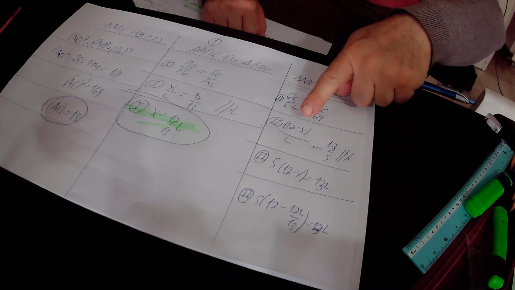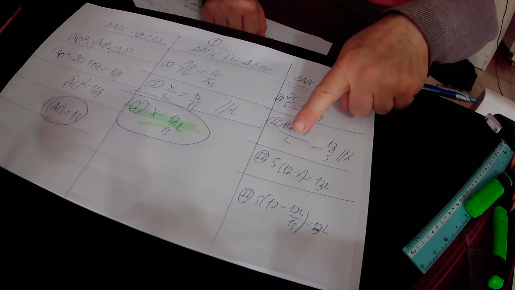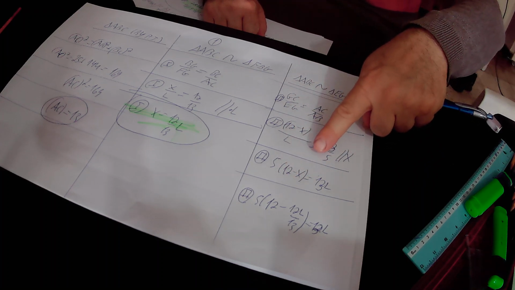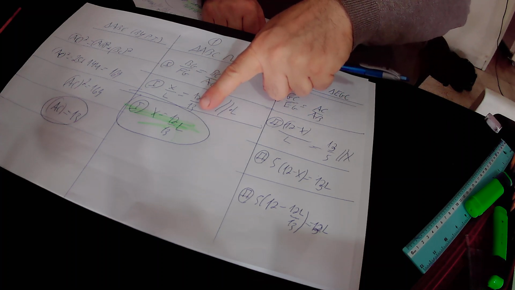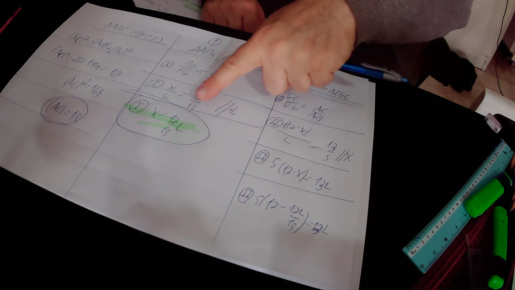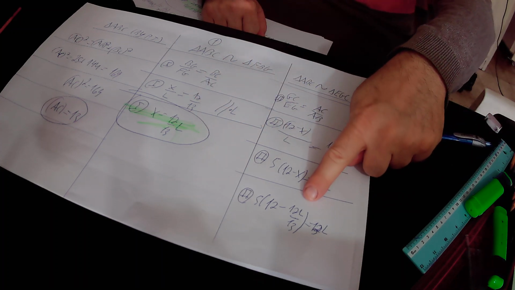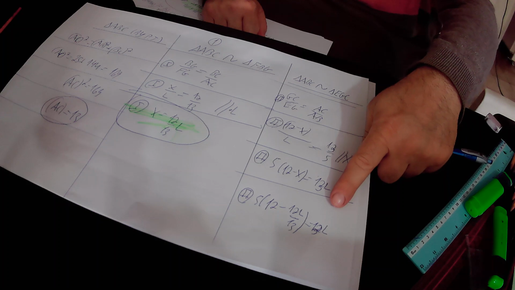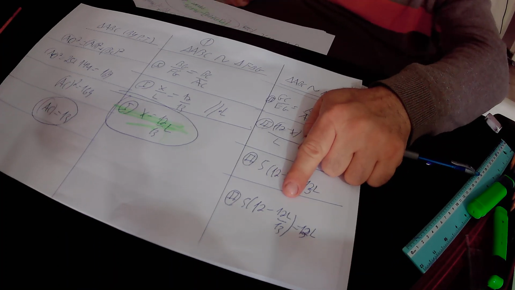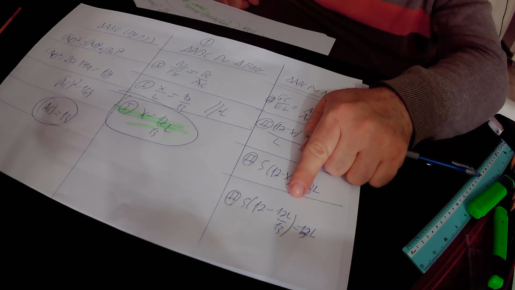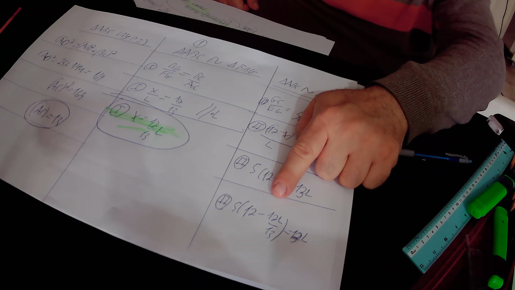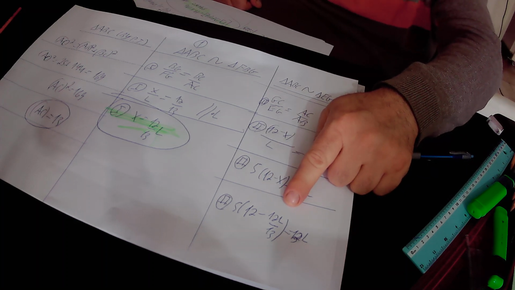So we have 5 times 12 minus X, and X according to equation 1 is 12 over 13 L, is equal to 13L. Then we have here 12 minus 12L over 13. So we multiplied 12 by 13 and then divided by 13 in order to have a common denominator for this expression.